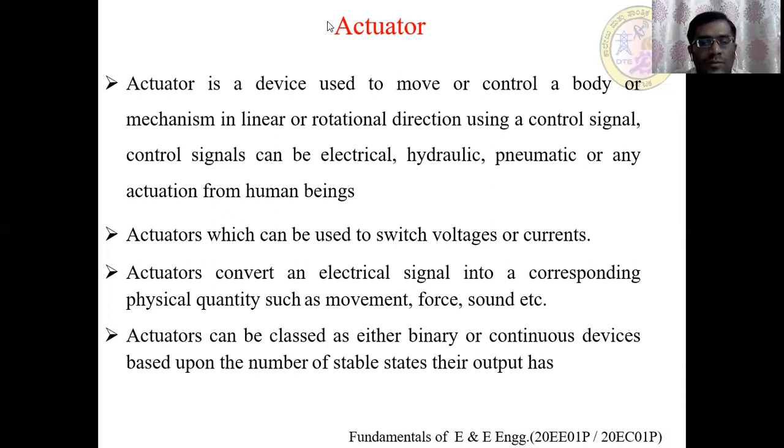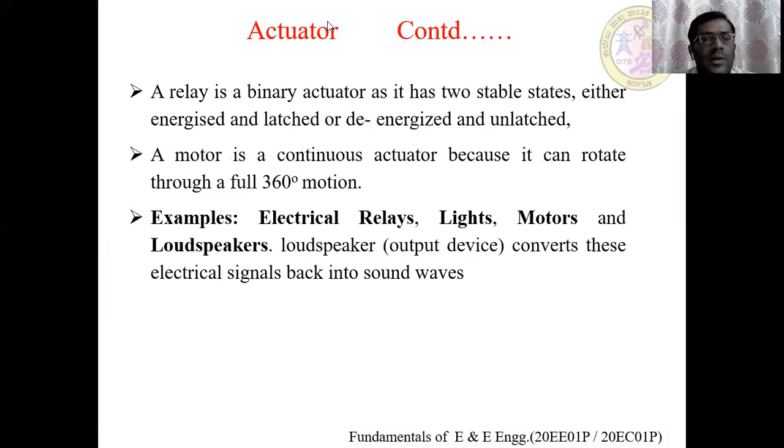Actuators can be classed as either binary or continuous devices based upon the number of stable states their output has. A relay is a binary actuator as it has two stable states, either energized and latched or de-energized and unlatched.